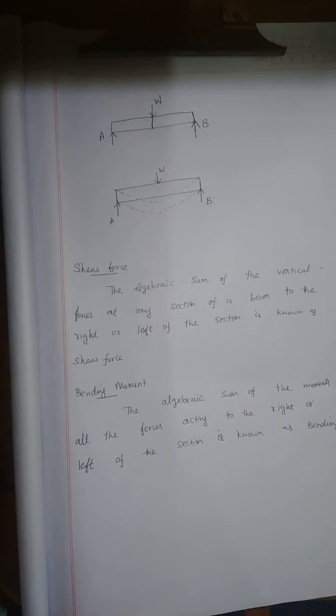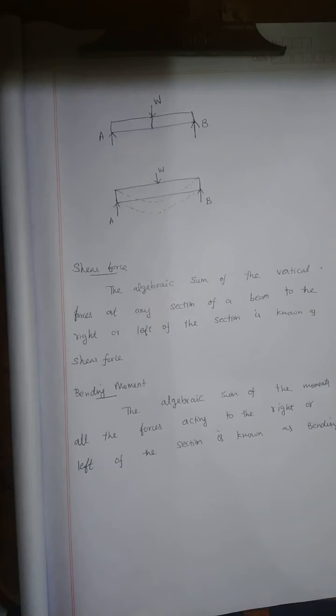So the next thing that we are going to see is the shear force diagram and bending moment diagram. As I told you previously, the shear force diagram is one which shows the variation of the shear force along the length of the beam. So the diagram will show you the points of shear force, that is, the amount of shear force at a particular point of the beam, shown clearly in the diagram.